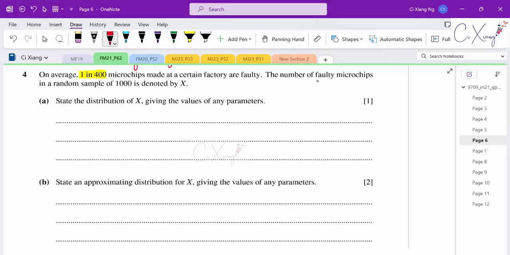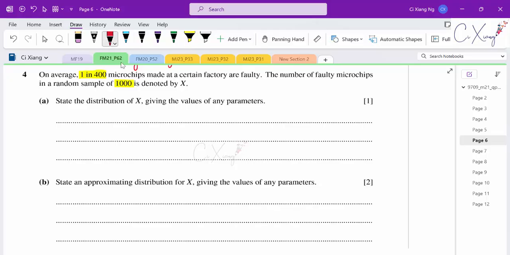And then the number of faulty microchips in a random sample of 1000 is denoted by X. So we have a large value for the random sample, which is 1000. State the distribution of X, giving the value of any parameter. For this question, we are given something about proportion, and this is a large sample, the total number of microchips.